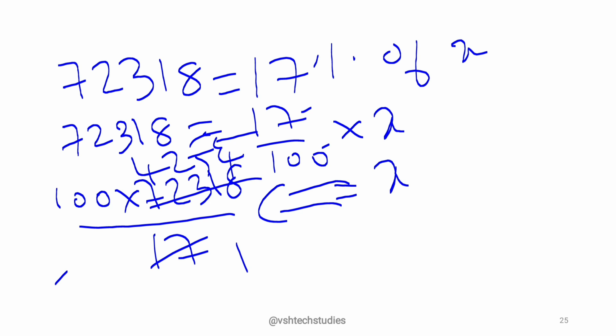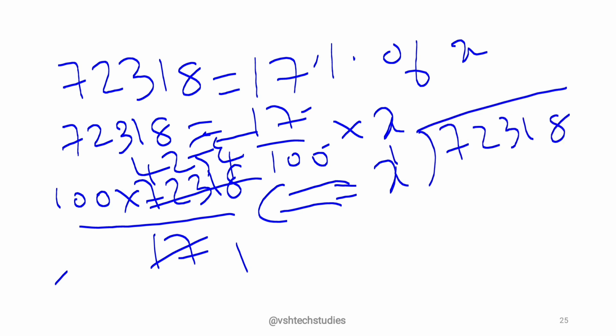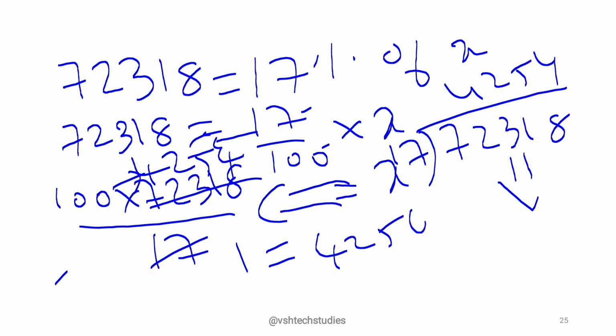Now if you simplify this, how will you get this? 72,318 divided by 17. If you continue, we will get here 4254. This you can do. Now 100 into 4254 is 425400, that is 2 zeros are added here. This is annual income.